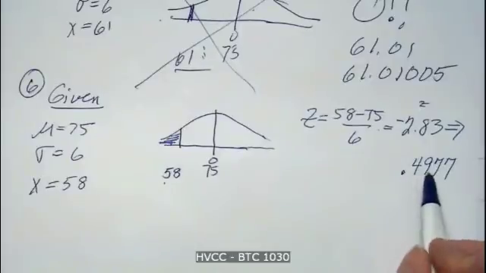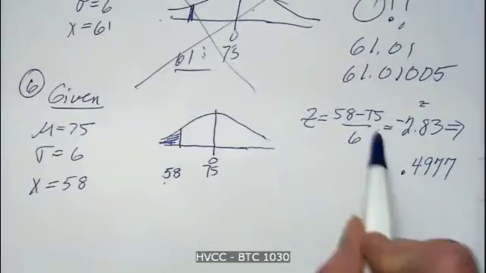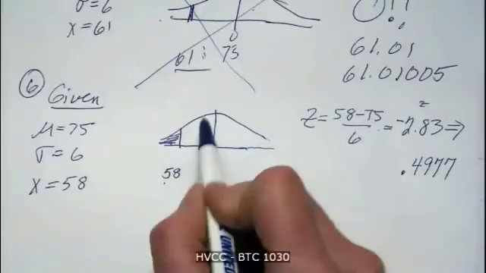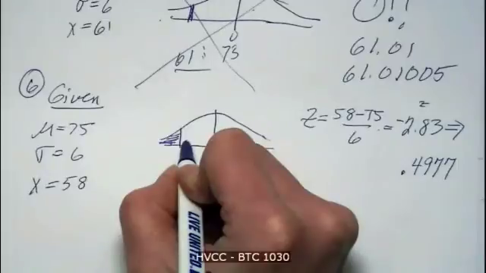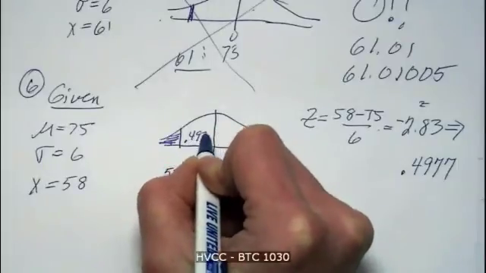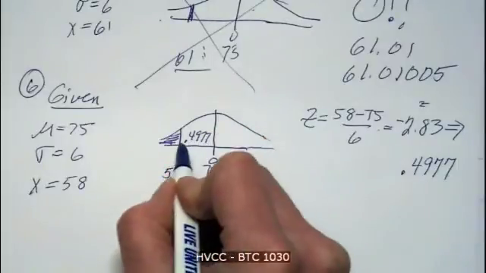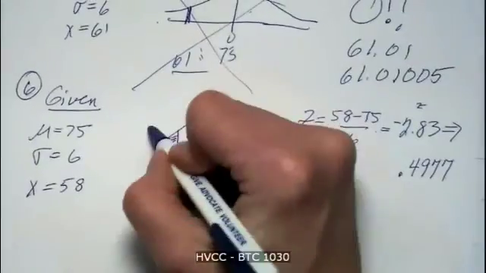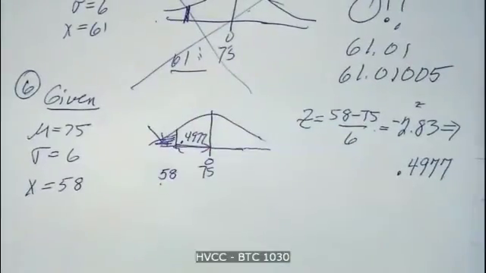Now that 0.4977, that's the area or the percent on the curve between 58 and 75. It's right here. This area right here. That's not my answer. My answer's here.